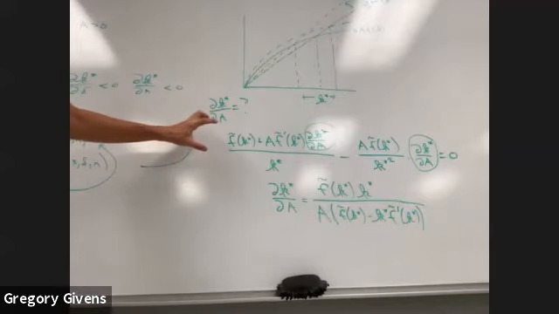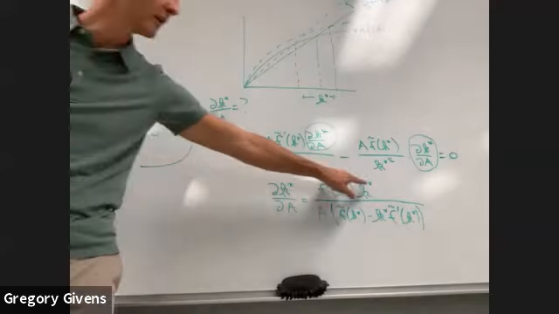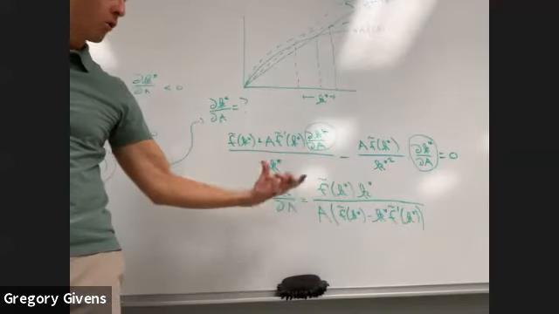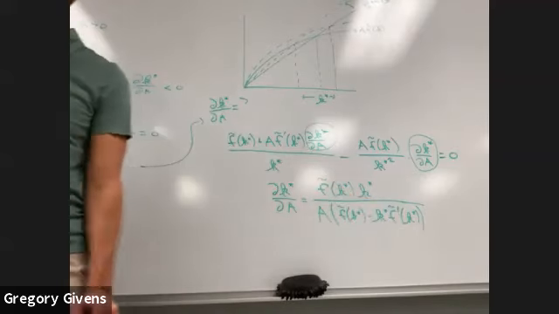So group the terms, solve it for the comparative static, and you get that it's F times K divided by A times the quantity F minus K star times F prime.